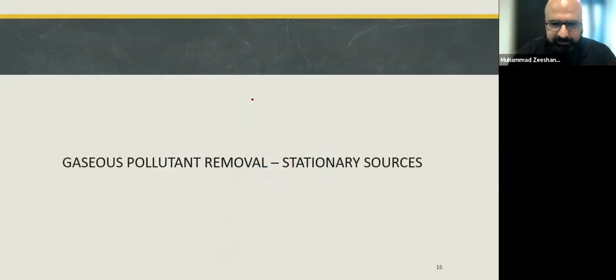Now, so far we have only talked about removal of particulate matter from stationary sources, and now we are going to talk about gaseous pollutant removal from the stationary sources, right? There are gaseous pollutants, I hope you're familiar, like SO2, like NOx, oxides of nitrogen, like carbon monoxide, like hydrogen sulfide, and there are a number of toxic gases which are in most of the cases a product of combustion systems.